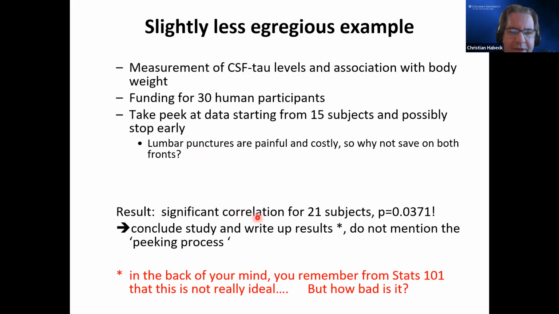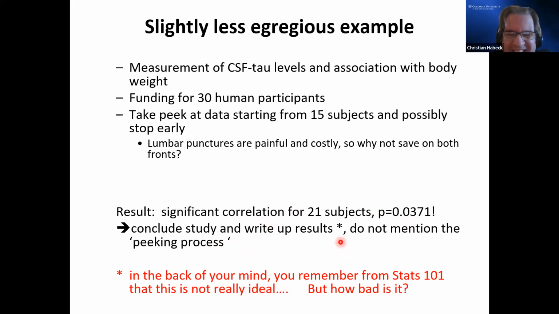So imagine you have a significant correlation that you find after 21 subjects, and it's significant just at 0.03 or 0.04. You conclude the study, you write up the results. You don't mention the peeking process, right? And in the back of your mind, you know that's not really ideal.